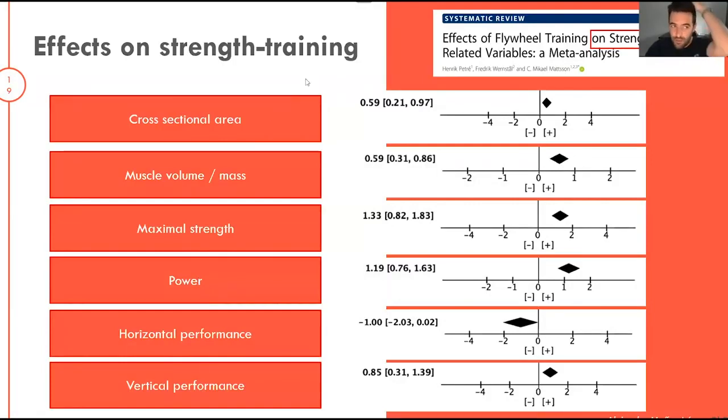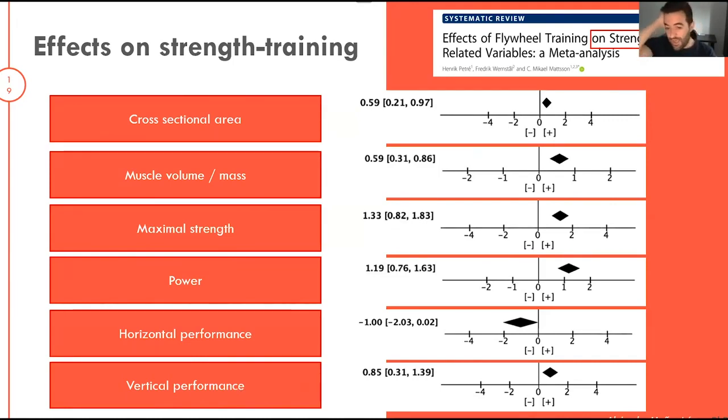If we think about the effects on strength training, it is shown that most of the effects of the flywheel devices are proven on improving the maximal strength. And it is interesting to see how the horizontal performance is mostly impaired or decreased when those devices are used, compared especially to the vertical performance, where the performance is improved.